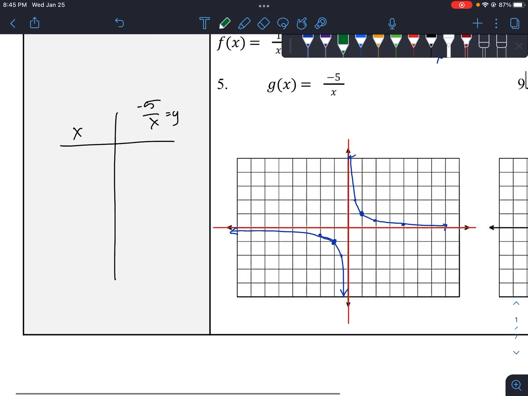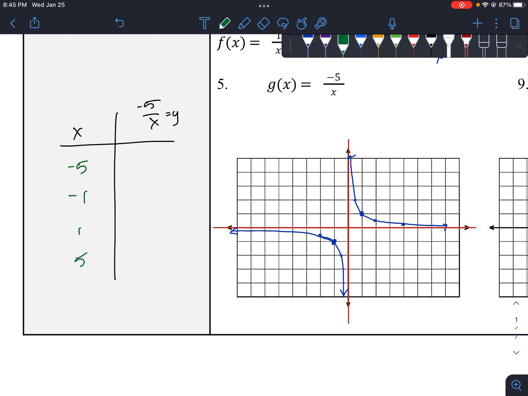So if 5 is my numerator, I want my denominator to be factors of 5, so that way I get nice whole numbers. So I want to plug in, say, -5, -1, or 1 and 5. Those are the numbers that I want to plug in.